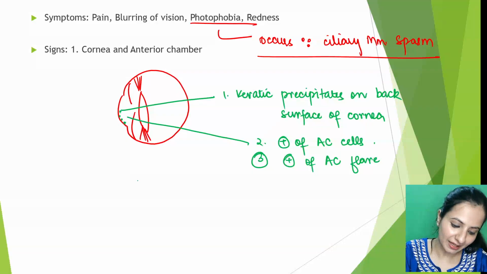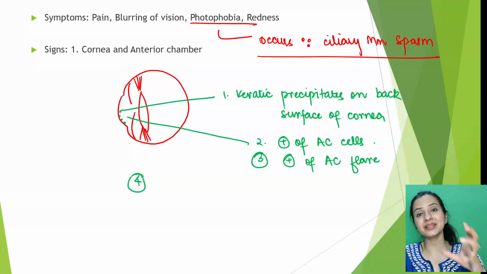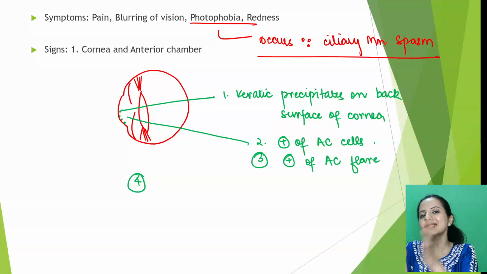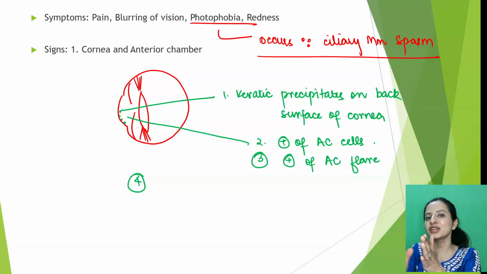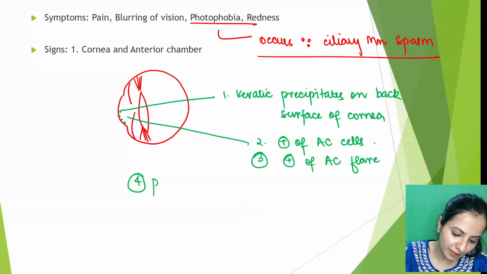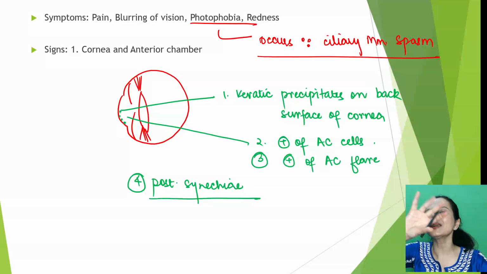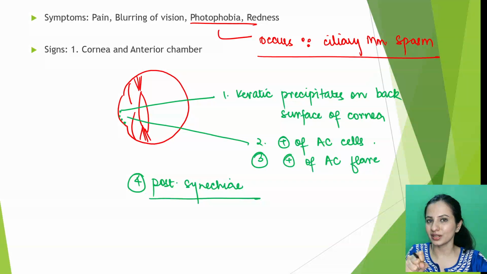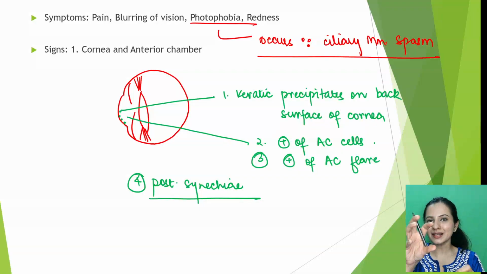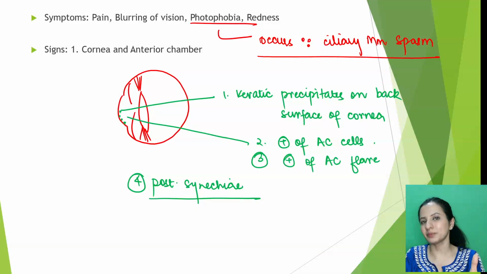Now we know that iris is very inflamed, it is sticky. So what will happen? The posterior surface of the iris will stick onto the anterior surface of the lens. What will it lead to? It will lead to the formation of what you call posterior synechiae. Now we know that this sticky iris will not stick 360 degrees. It will stick at some place and some place it will not be sticky.